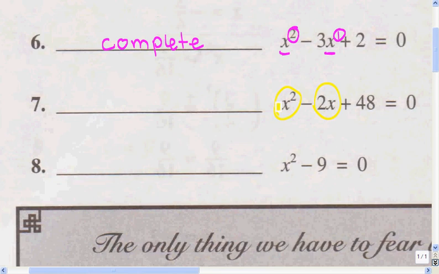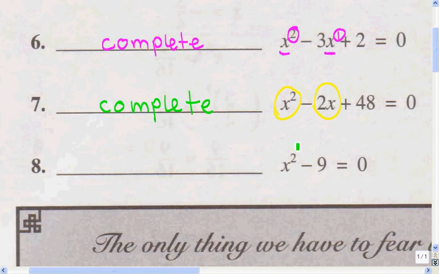So is this a complete or an incomplete? Complete, because it's exactly like the top one. See, the top one has a variable with a 2 exponent and a variable with a 1 exponent, and that's what makes a quadratic equation a complete quadratic equation.